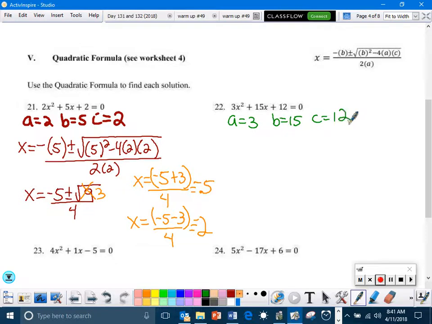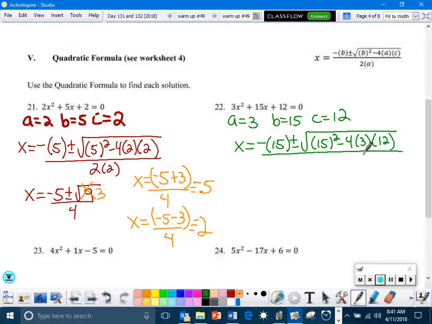Plug your numbers in. Again, only type the inside of the square root into your calculator.